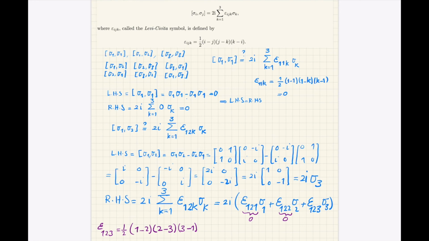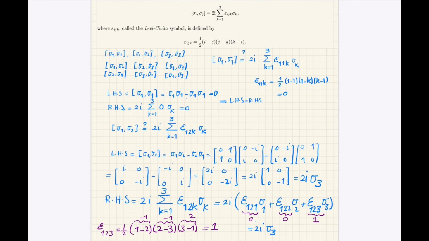Yes? So if I calculate this, you will see that this becomes negative 1, this becomes negative 1, and then this becomes positive 2. So if you multiply that, it becomes 1. So it means that the last epsilon is actually 1. And what you get is equal to 2i multiplied by sigma 3.